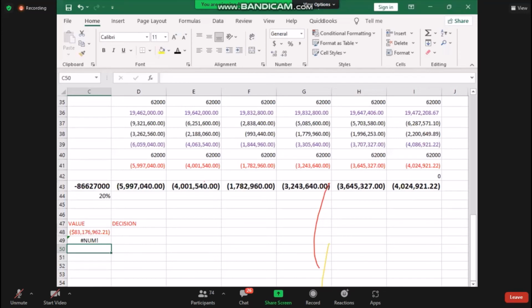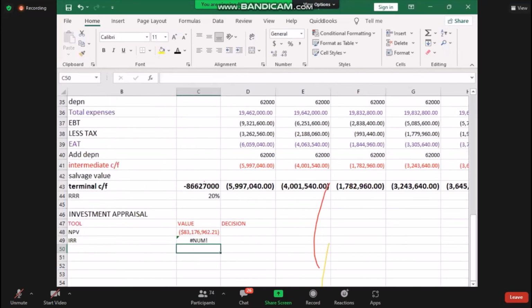I cross-checked it, but I don't see any value. Madam, the formula is really right, but it said IRR, open brackets, the values, then guess. But the guess factor is always ignored. At least I explained that even in the beginning.